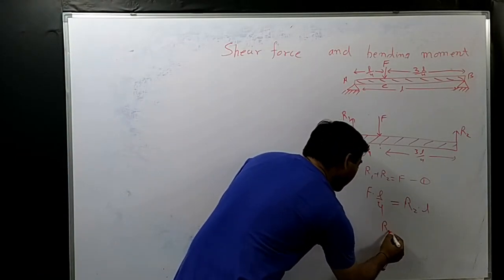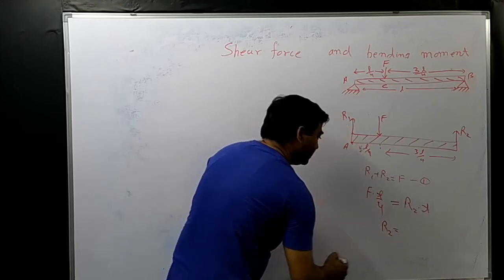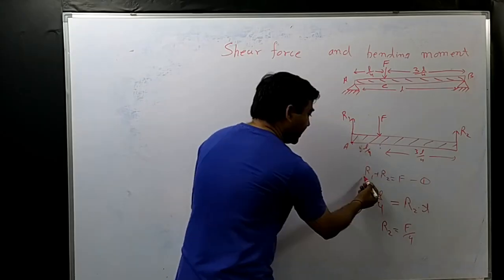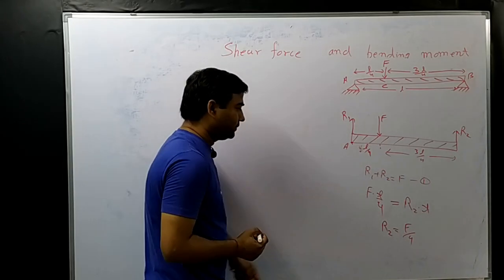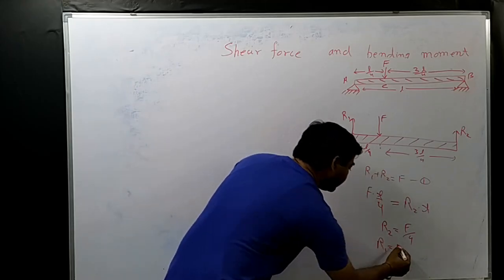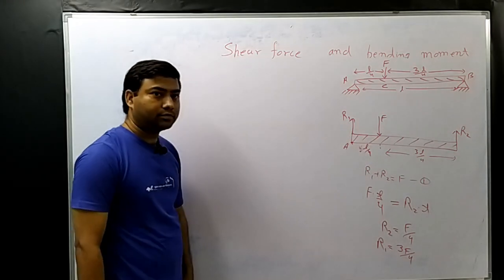So here you can say R2 is equal to, this can be cancelled, F by 4. As R1 plus R2 is equal to F, R1 can be written as 3F by 4.